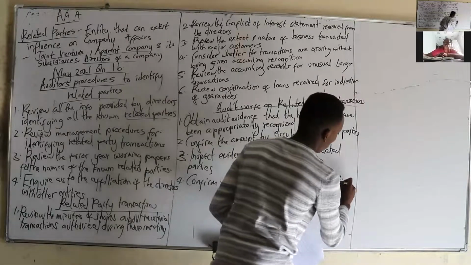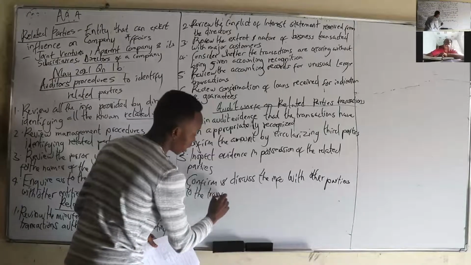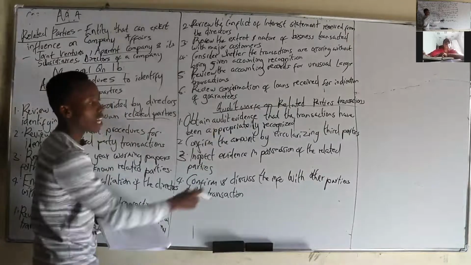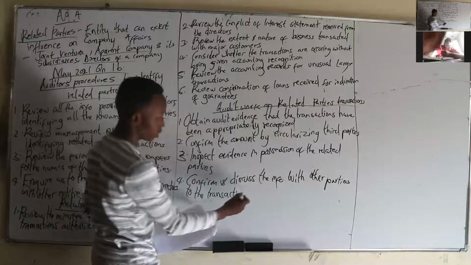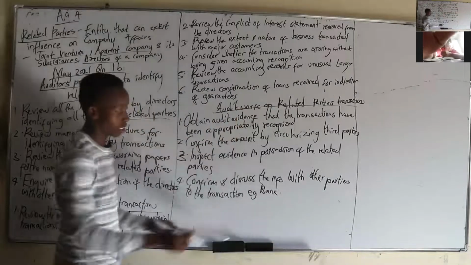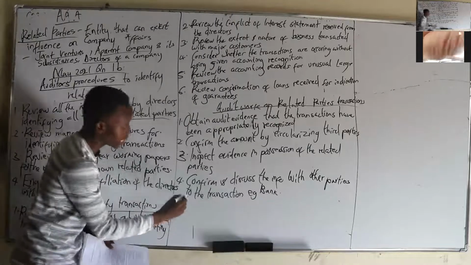For example, let's say the directors took out this loan that you're saying in this case. So these other parties, in this case, you can add there, for example, the other party will be the bank, to confirm the amount that probably the directors took out.